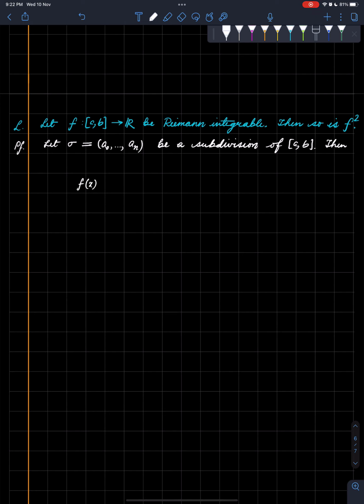This is f(x) square minus f(y) square, or maybe that was better. It's the same thing, but just notation is a bit different.